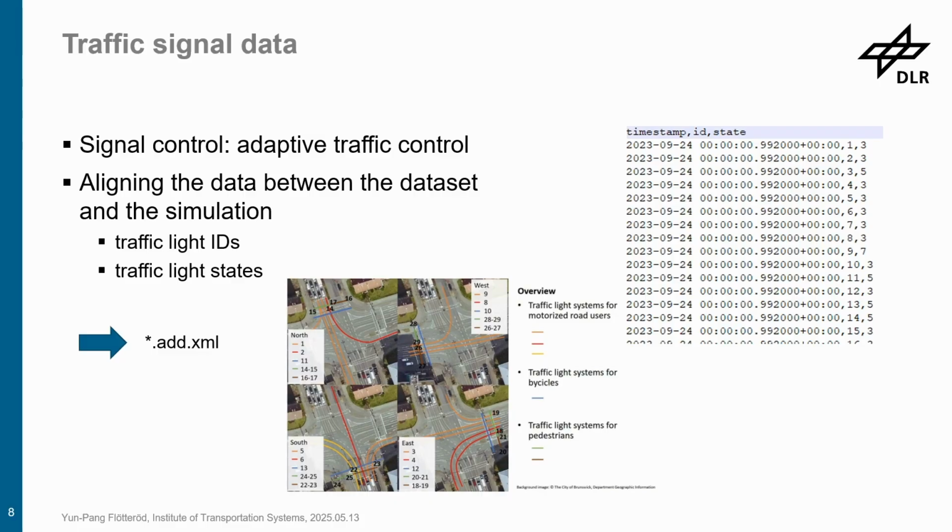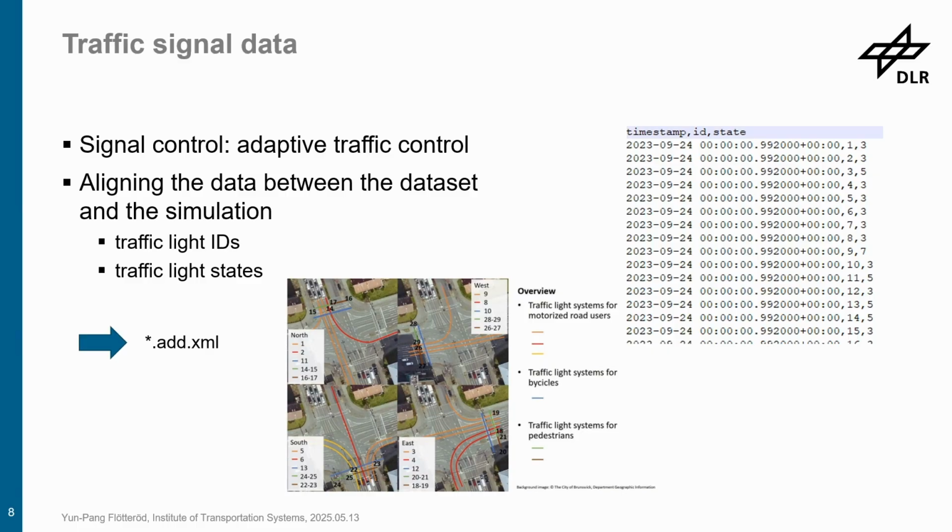Before running the simulation, as you all know, we still need some information about the traffic signals. We are lucky to have the traffic light data directly from the video cameras and also from the sensor systems. We parse and match the traffic IDs and the traffic light states, and then create an additional file for traffic signal control in SUMO.